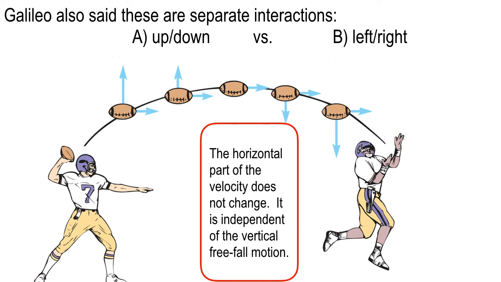That's the top of the motion where you've lost all your upward speed. And then you gain it back on the way back down towards the wide receiver. But notice the horizontal part. I'm going to use this little sparkly red arrow here.